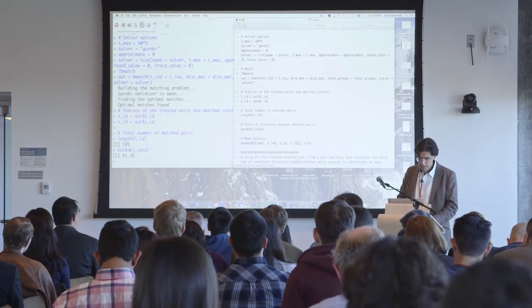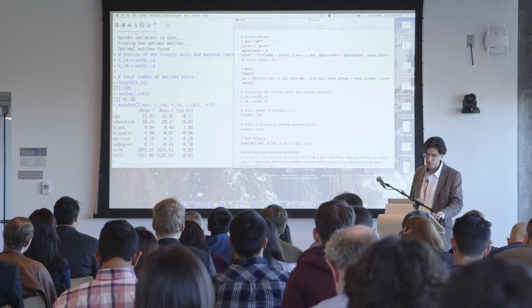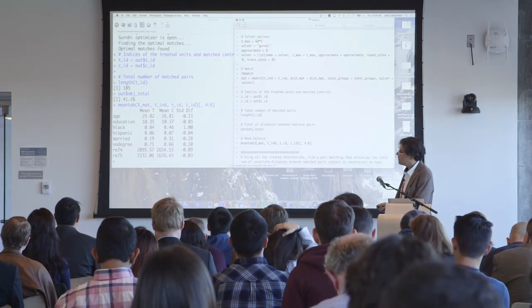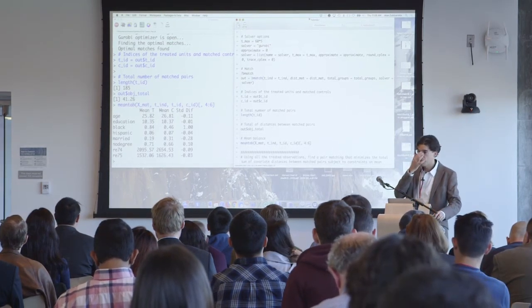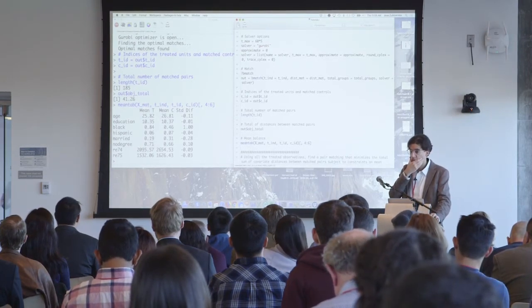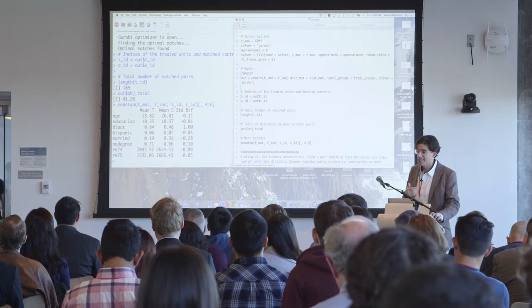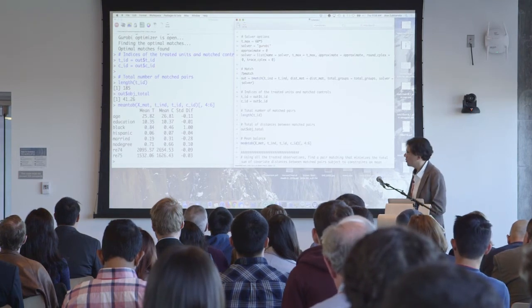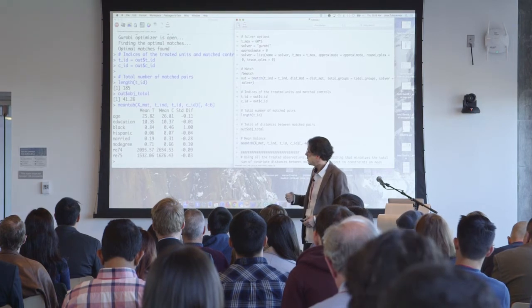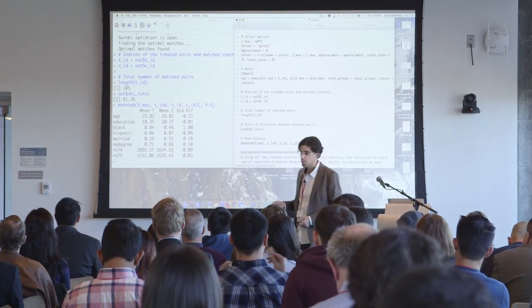But the really important thing is whether we balance the covariates. And the question is, did we balance them? Some people say so-so because we said that we wanted to balance them up to 0.1 standardized difference in means.